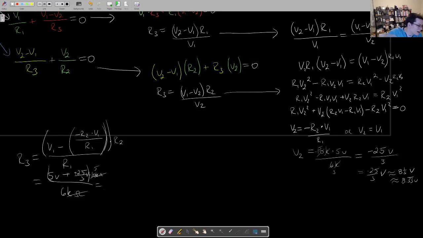I'm left with a 5 and a 3 here. And so I have 40 over 3 volts inside times 5 divided by 3. Gets me to 200 over 9 volts.